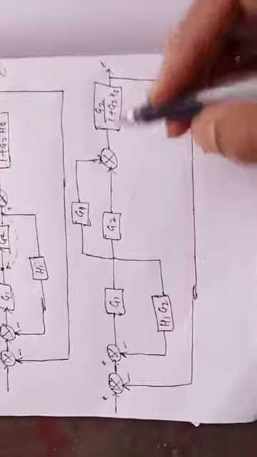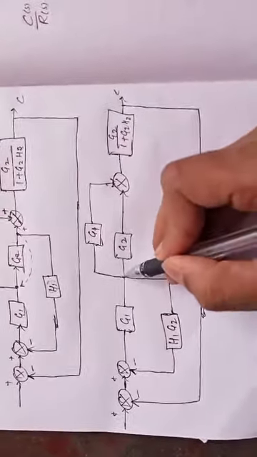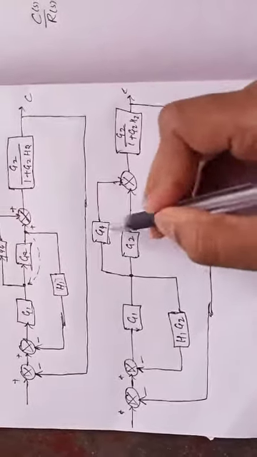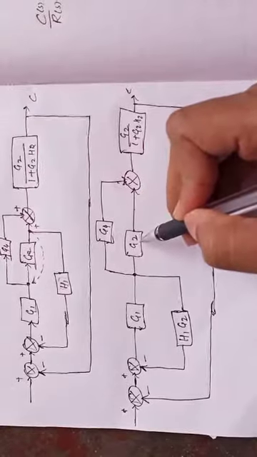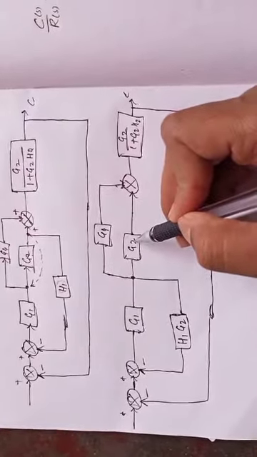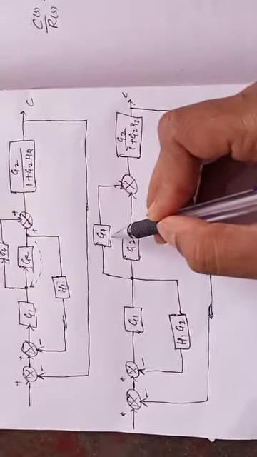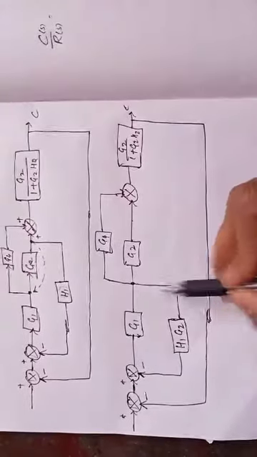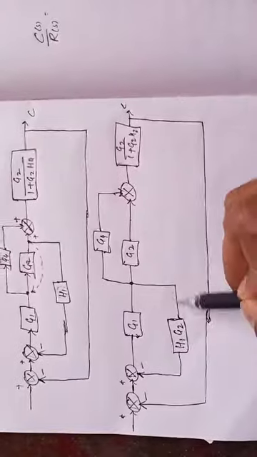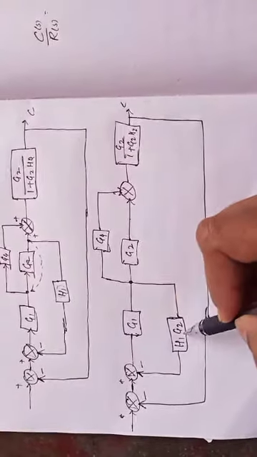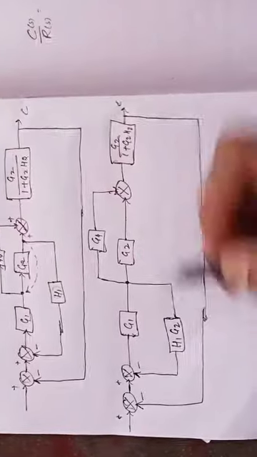Now you observe here, you are having two parallel gains, G4 and G2, that you have to add, and here you are having a negative feedback with the gain G1 and the feedback signal is H1 G2.